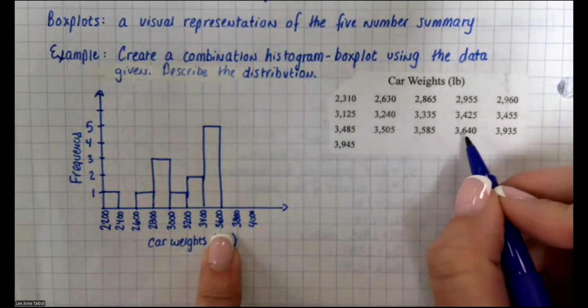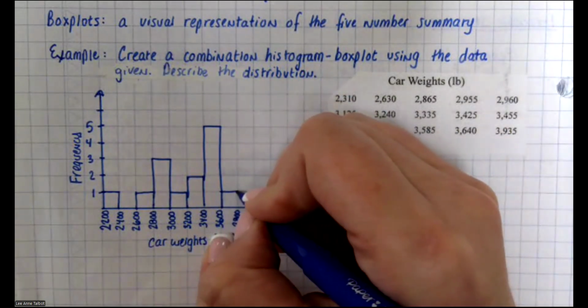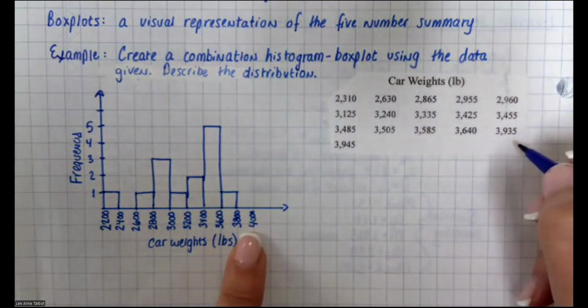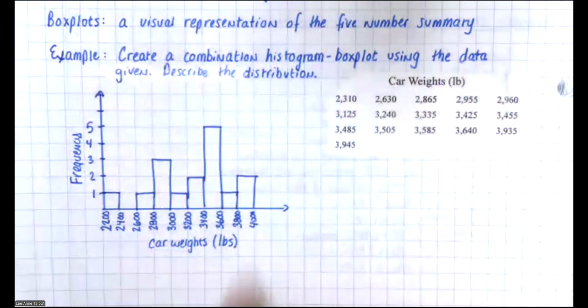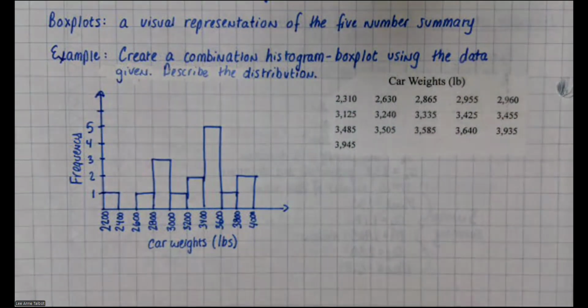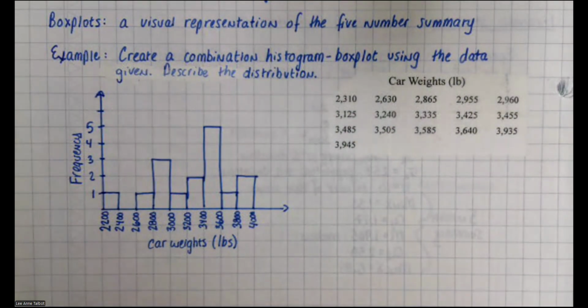I have one value in the 3600s and then two values in the 3900s. This is a little bit of a different kind of shape. That's okay.